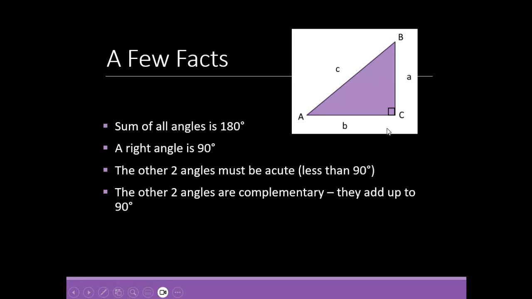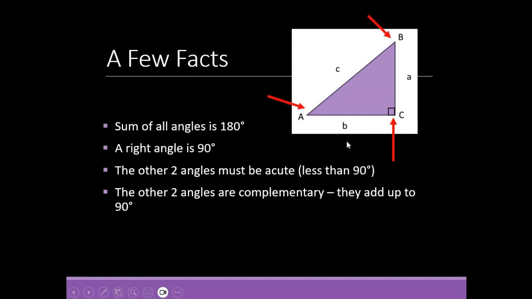The sum of all of the angles inside a triangle is 180 degrees. That's true of any triangle, but it's also true of a right triangle. A right angle, what we're calling C, is 90 degrees.